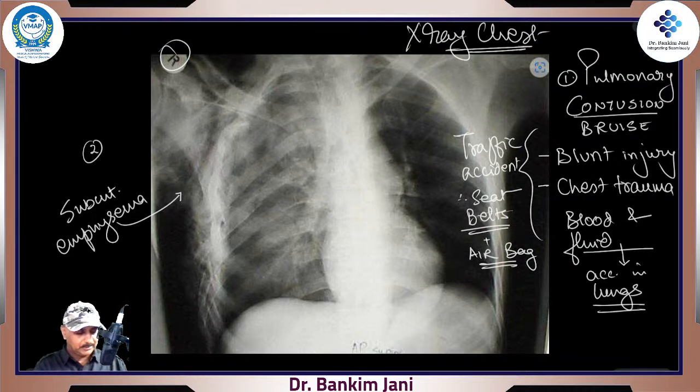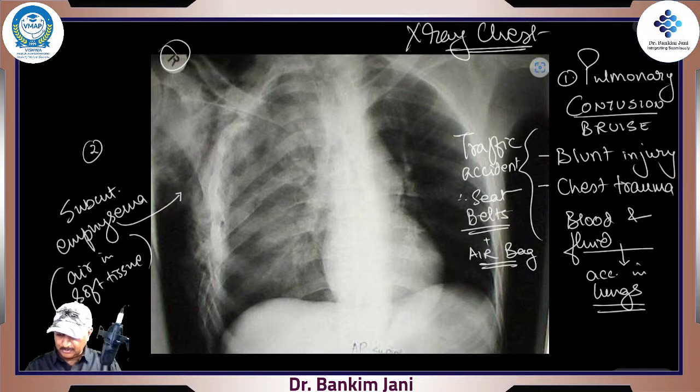This is air in soft tissue. Otherwise, soft tissue should look with a very proper margin. See on this side, such proper margin. But over here, it is all irregular, rough, because air has entered into it.